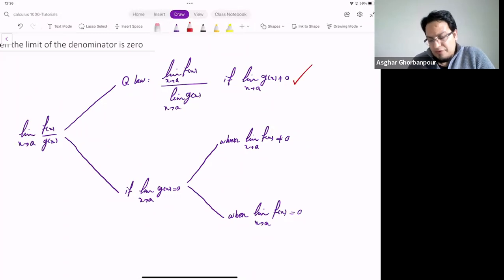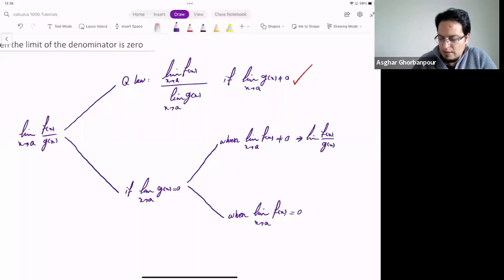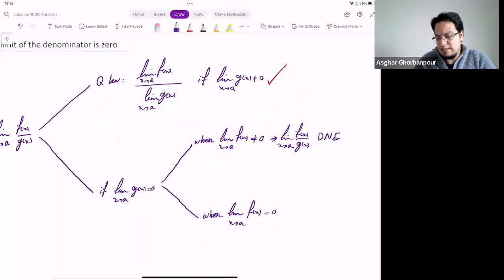What about if you have a limit of the numerator non-zero, but a limit of the denominator zero? This will give us a non-existent limit for the quotient. This will be does not exist. But it's a special kind of does not exist, meaning that this limit is actually an infinite limit.